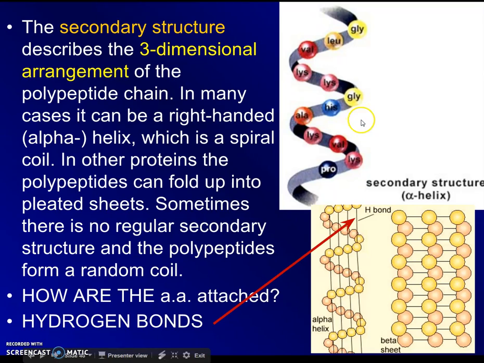So to apply that, it would be like this alanine and lysine would be attached together by hydrogen bonds. This lysine and alanine, they would all be kind of attached together long ways. Even though you can't see those, hydrogen would be attracting those together, and that's how they coil up. So that secondary structure is a three-dimensional arrangement.